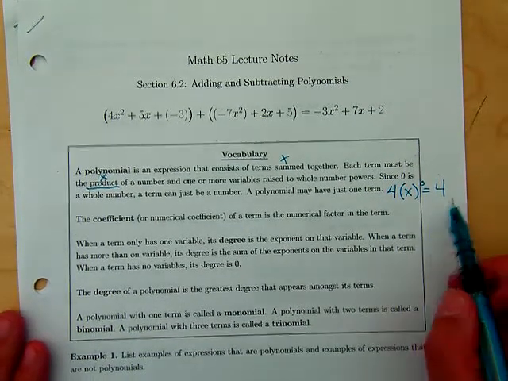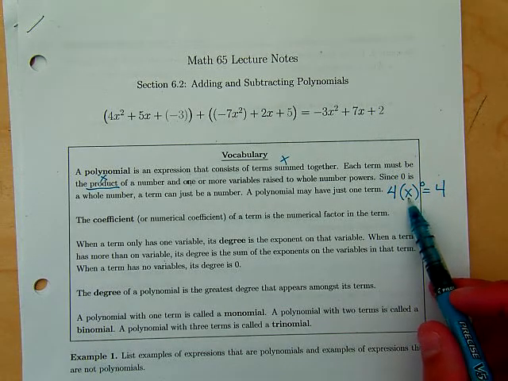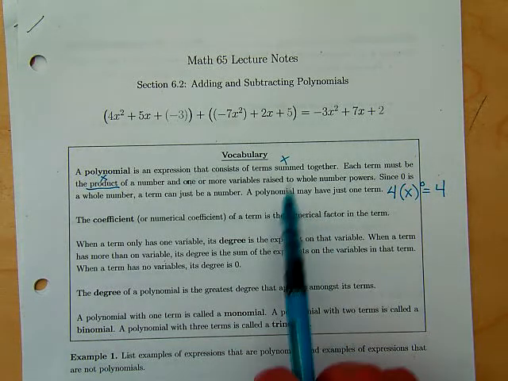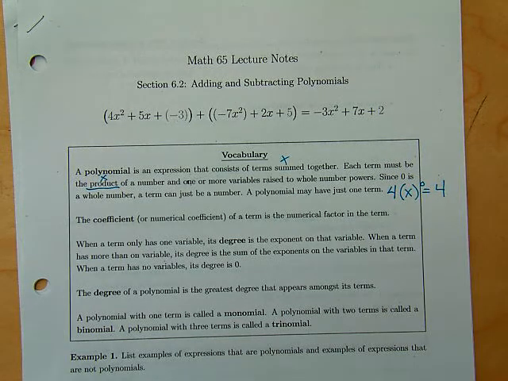When you have just a constant number, you could say you have a variable to the 0 power that's sort of implied. You would never see it, but they're saying this counts as a term because it does have a variable to the 0 power, which is 1. That's going to be more important later when we get to degrees. We'll talk about that later.